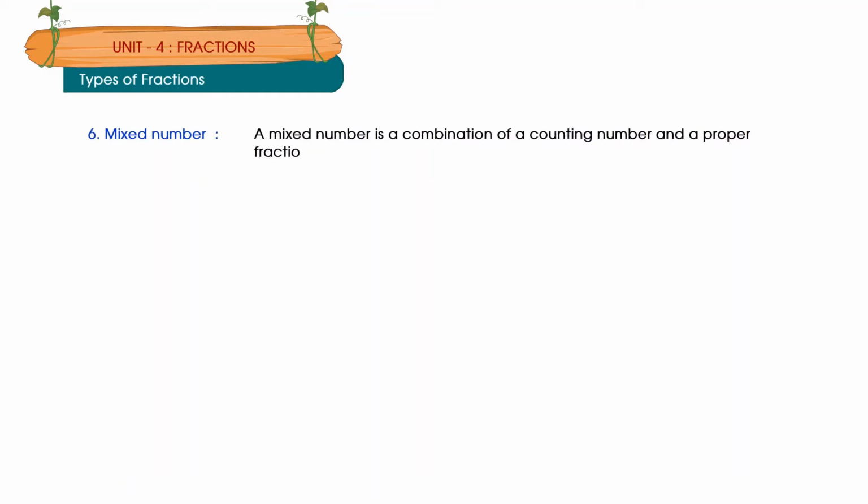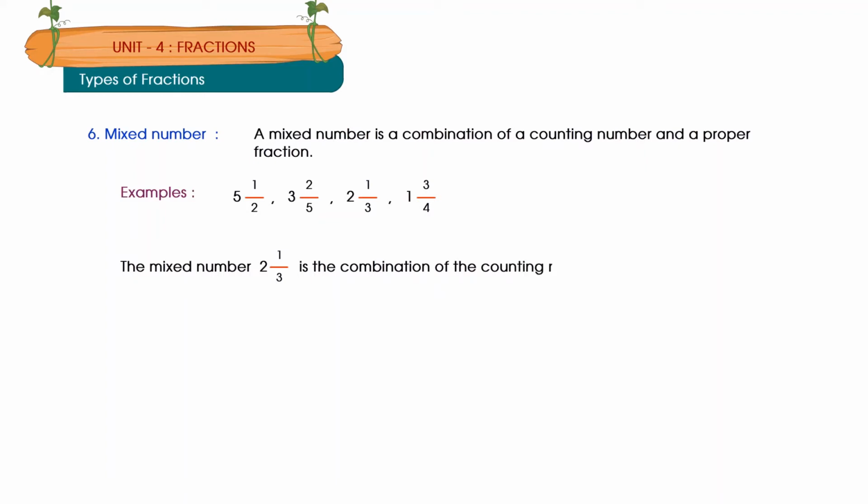6. Mixed number. A mixed number is a combination of a counting number and a proper fraction. Examples: 5 1/2, 3 2/5, 2 1/3, 1 3/4. The mixed number 2 1/3 is the combination of the counting number 2 and the proper fraction 1/3.